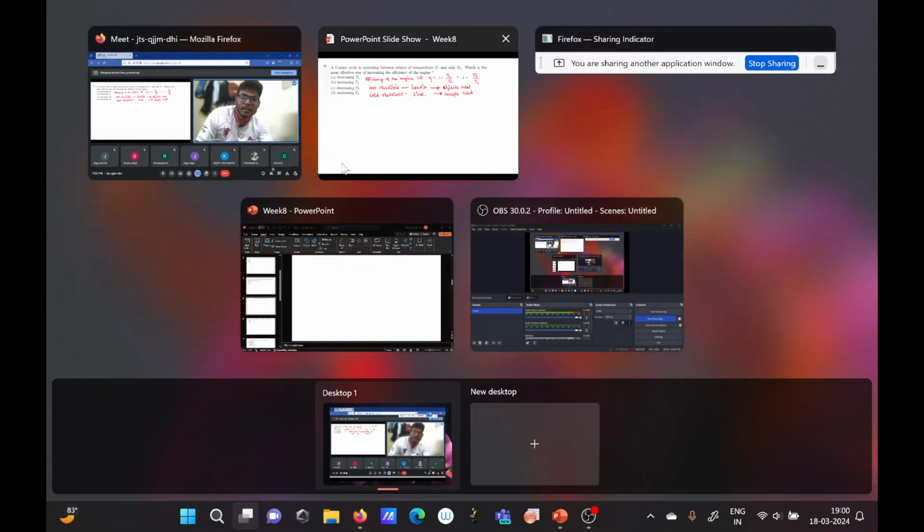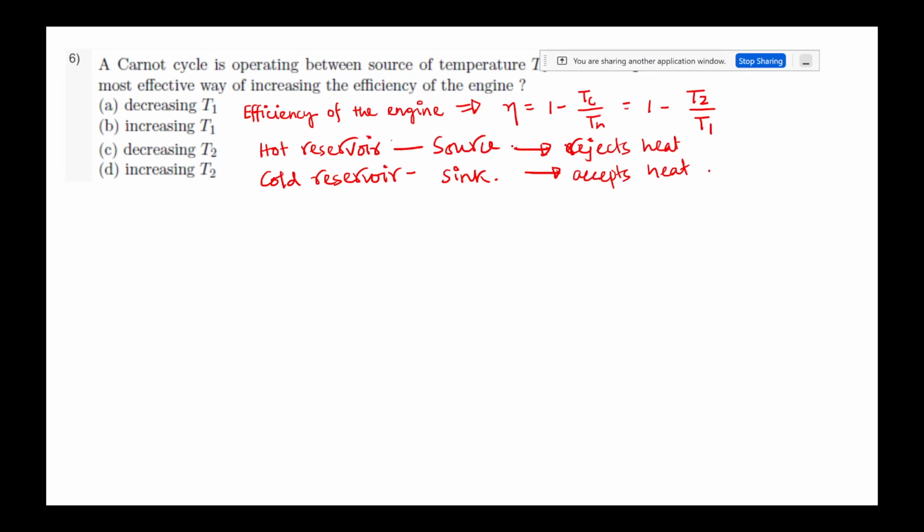So let me write there first. Two possibilities. First, increase T2.